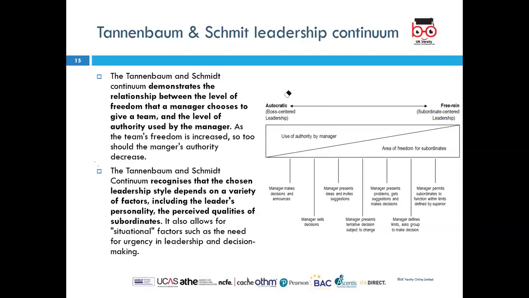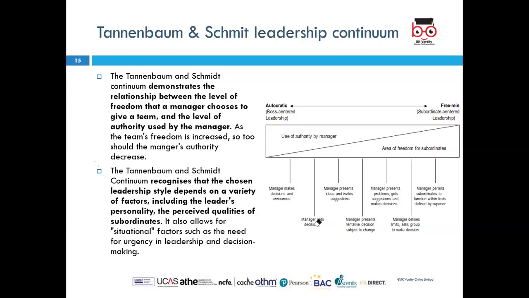So starting from a boss-centered leadership goes to a free reign where subordinates have the say. So if you have the autocratic, the manager makes decisions. It's the extreme left. It's the extreme where you see more authority from the leader themselves and less from the subordinates.